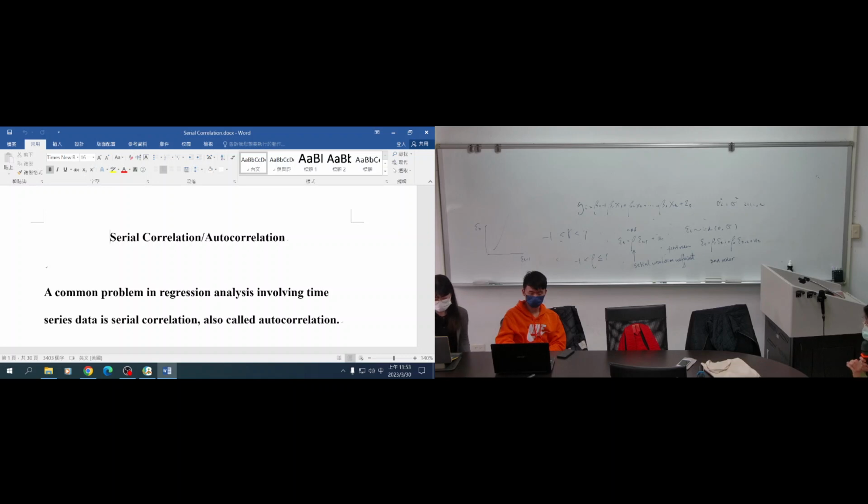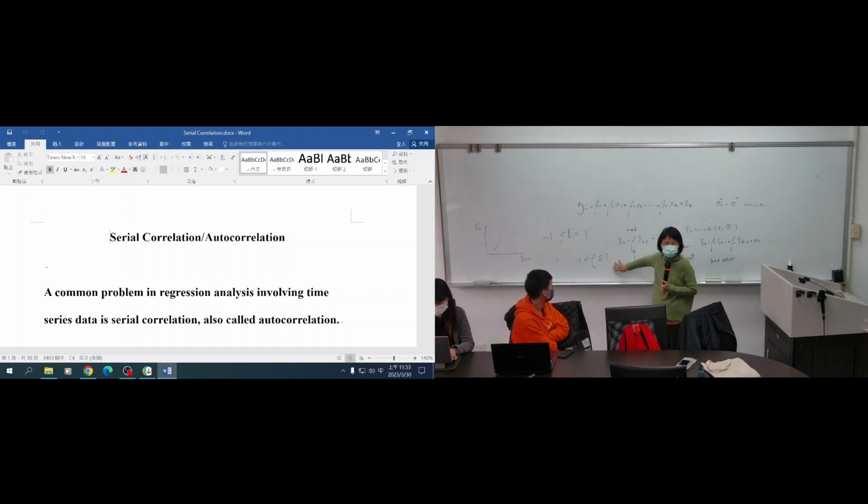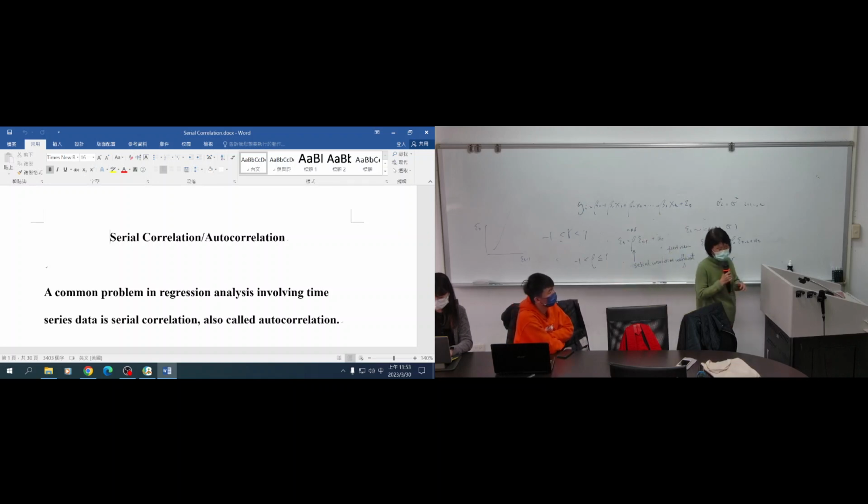Most applications have positive serial correlation more than negative. So this one is more reasonable in the real world. Most of the time when we talk about serial correlation, we really talk about positive situations.